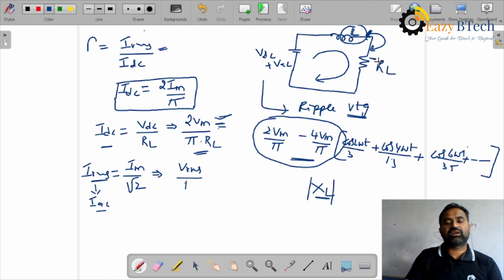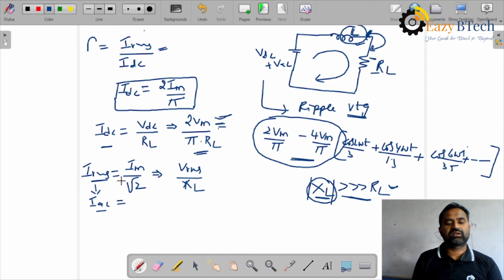In an inductor filter, the choosing of the inductor and load should be such that the reactance of the inductor is far greater than RL. Reactance of an inductor is far greater than RL. Like that you have to choose the reactance of the inductor. Now from this we will write VRMS by RL. RL is nothing but XL, because for an AC portion.